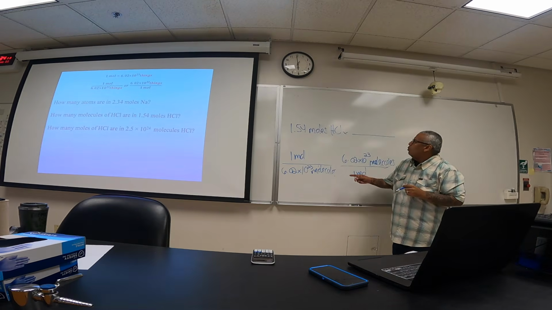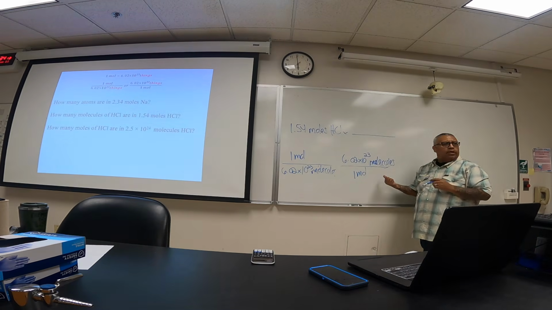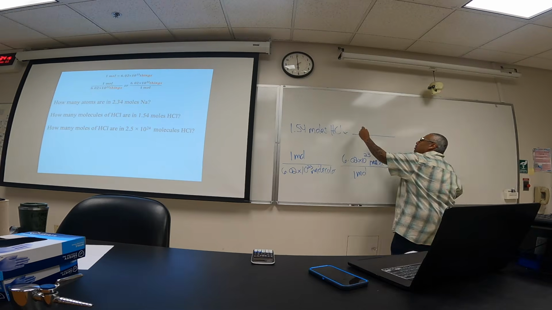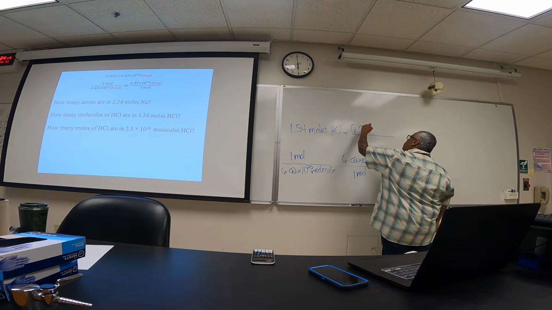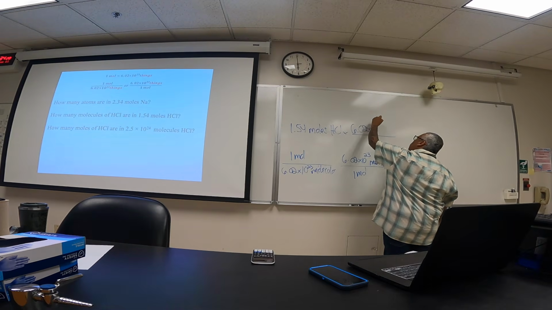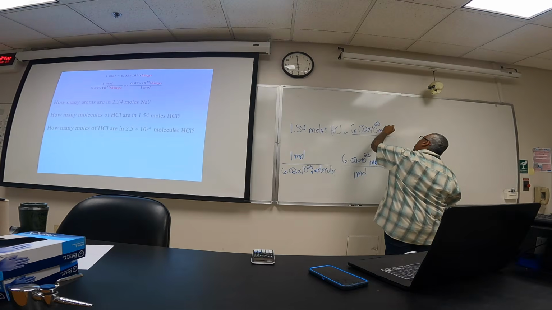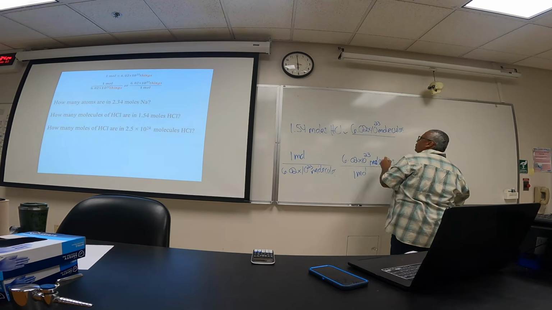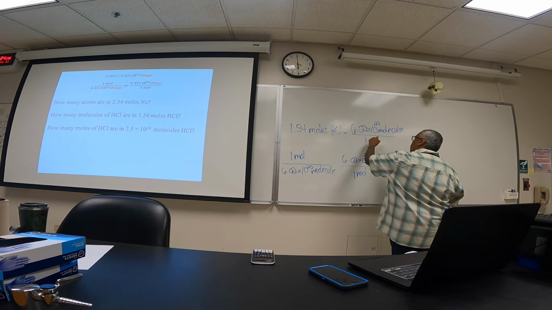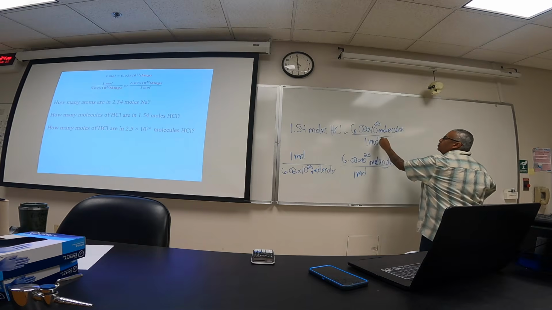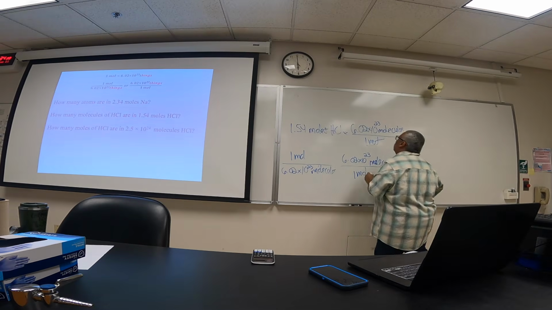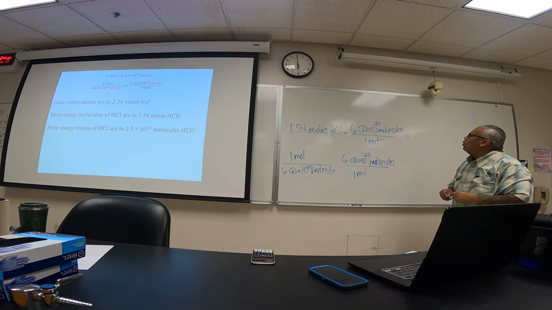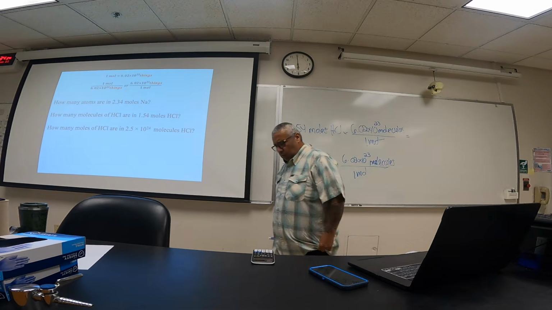So we need to make sure that molecules are in the numerator, so I guess we're using this one over here. So again, we put 6.02 times 10 to the 23 molecules per mole. So this gets to cancel this. And here, 1.54 times 6.02 times 10 to the 23.